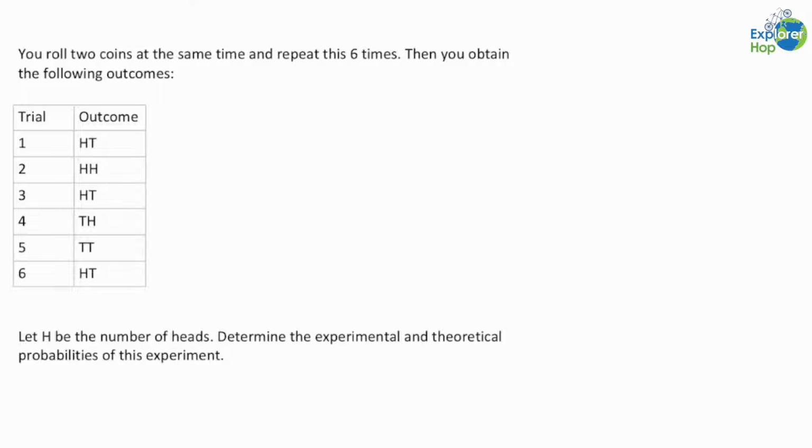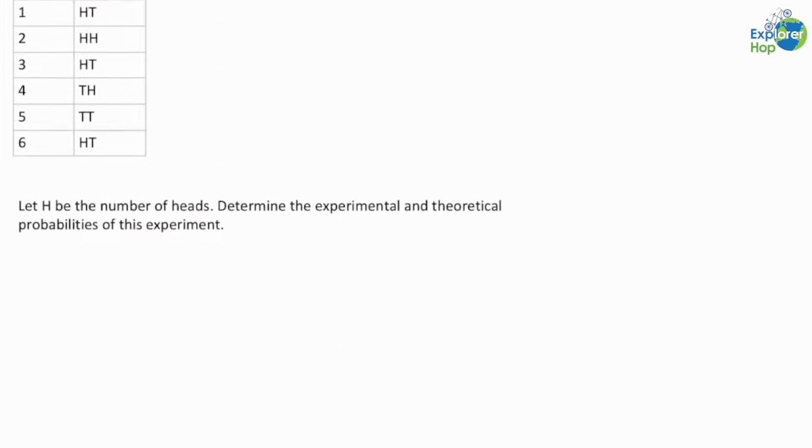So let's first start by finding the sample space of this experiment so that we can find the theoretical probabilities. First, we will create a tree diagram to visualize all the possible outcomes. So the tree diagram for this experiment looks like this. We only have 2 possible outcomes on each coin, either heads or tails.